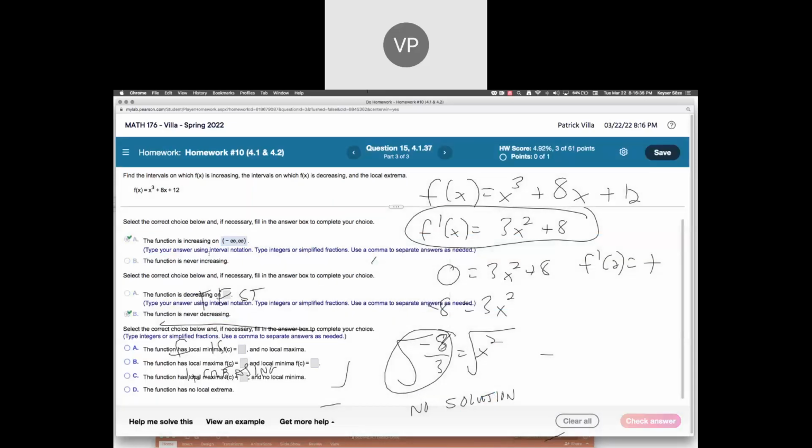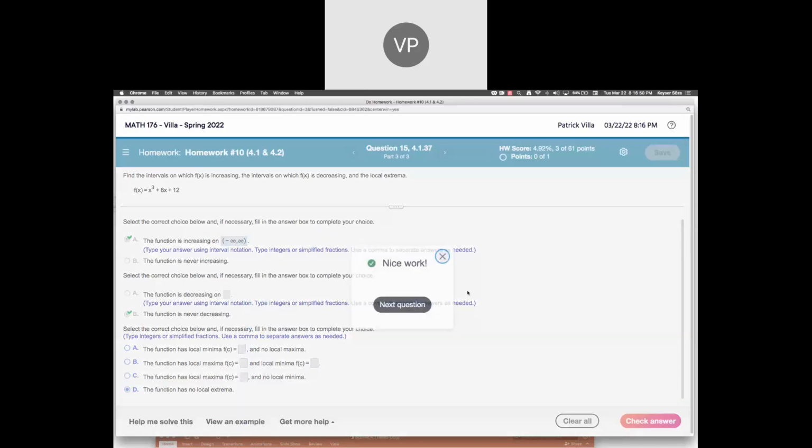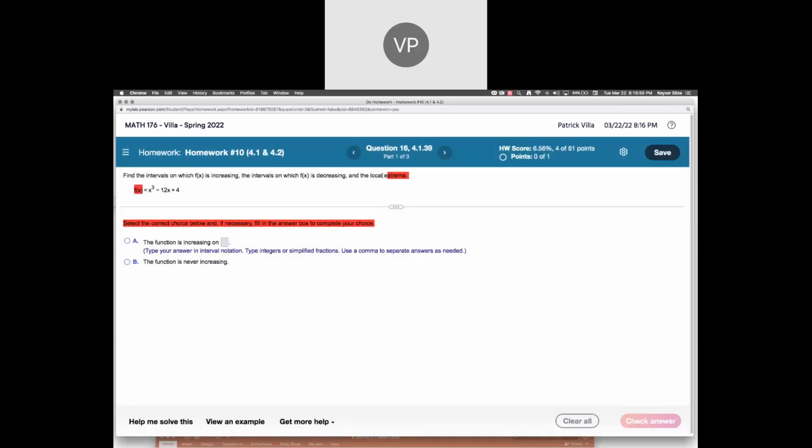And let's see, they ask you, what's the local maximum or minimums? Well, if our graph is always increasing, we will have no minimums nor maximums or anything else. It has no local extrema. And just to be clear how that graph looks, let me go back one second here.